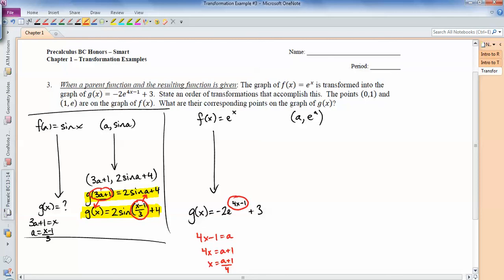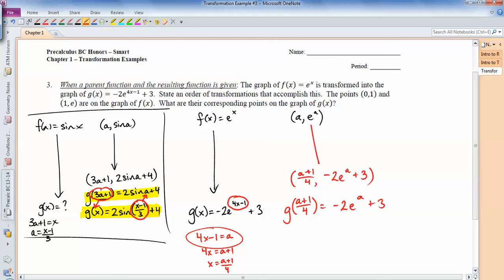Okay, so now I know that if I write this as g of x, which is a plus 1 over 4, I'm going to get negative 2 e to the a plus 3, which means my general point here is (a plus 1)/4, comma, negative 2 e to the a plus 3.